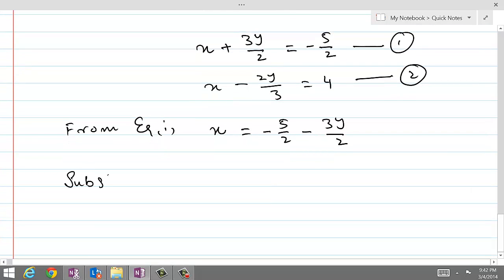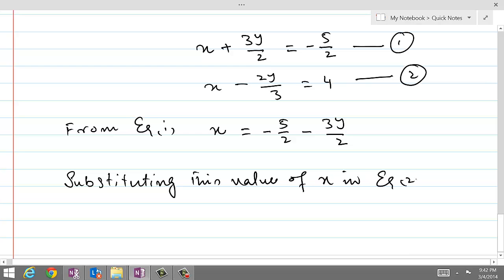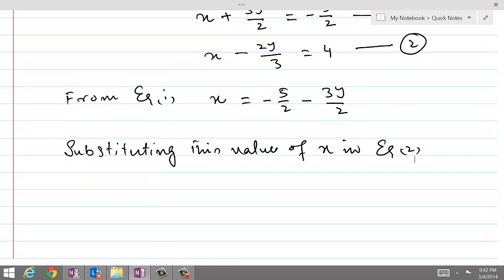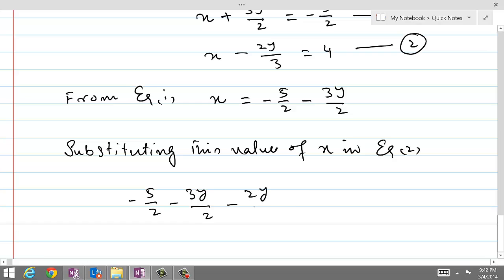Substituting this value of x in equation 2, what we have here is, instead of this x, we will write this value, which is minus 5 over 2 minus 3y over 2 minus 2y over 3 equal to 4.